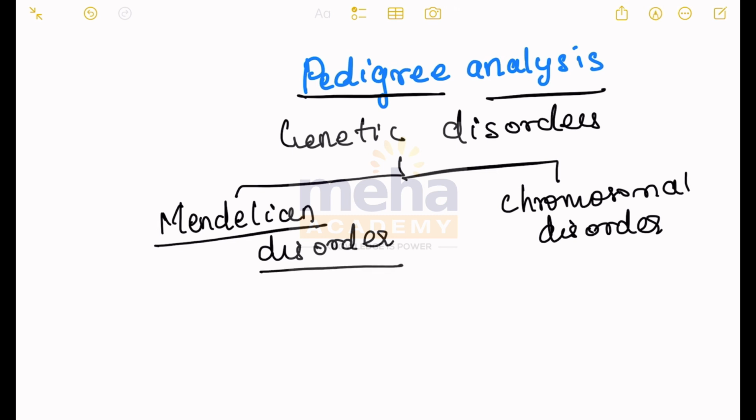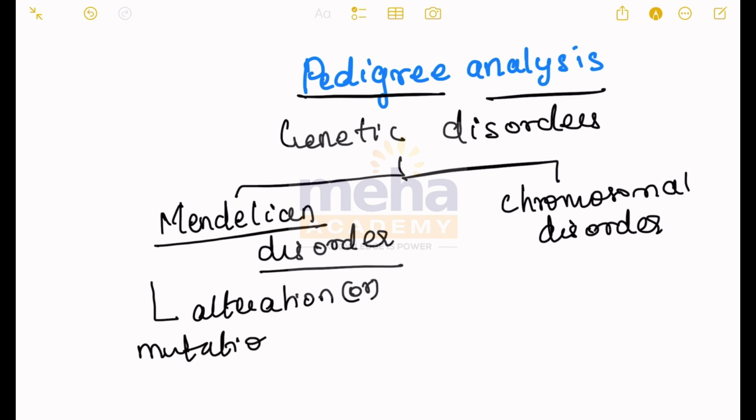So what is a Mendelian disorder? A Mendelian disorder is one where there is an alteration or mutation happening in a single gene.